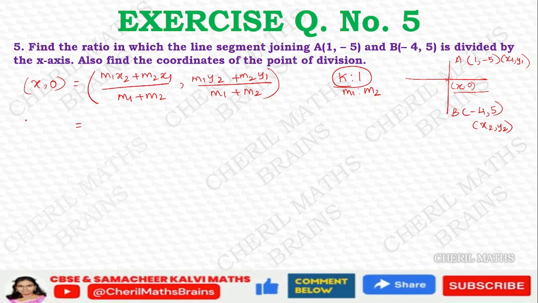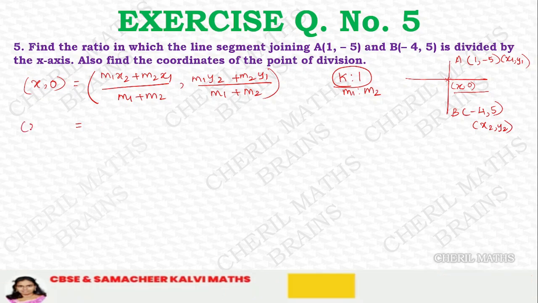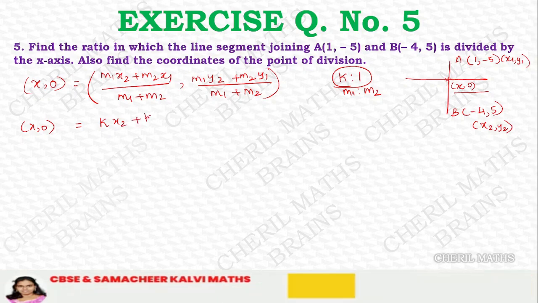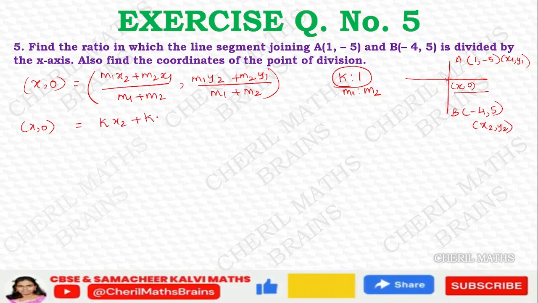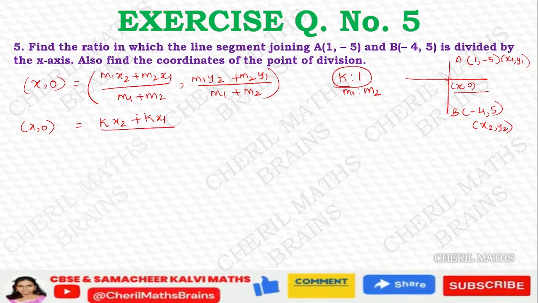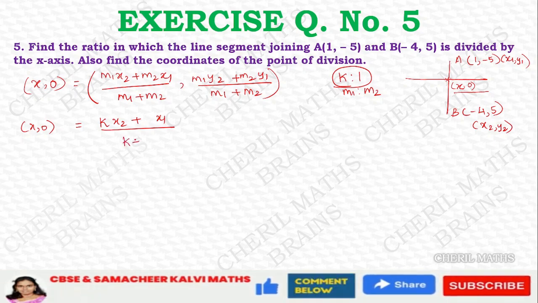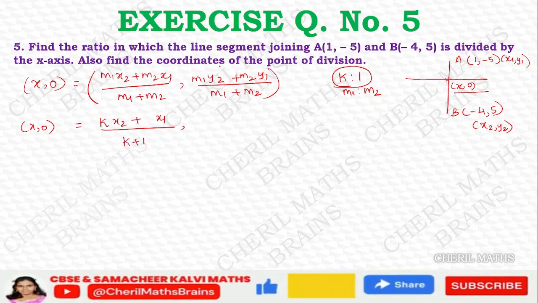Now we'll substitute the values. For x comma 0, it will be k into x2 plus 1 into x1, that is x1, divided by k plus 1, comma m1 y2 plus m2 y1 divided by k plus 1.